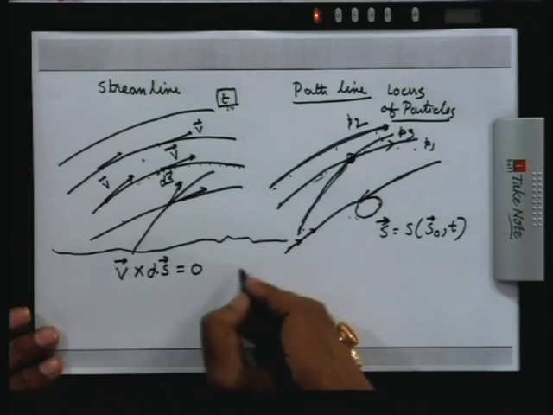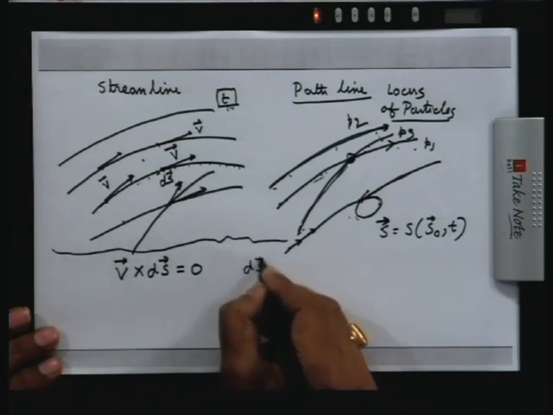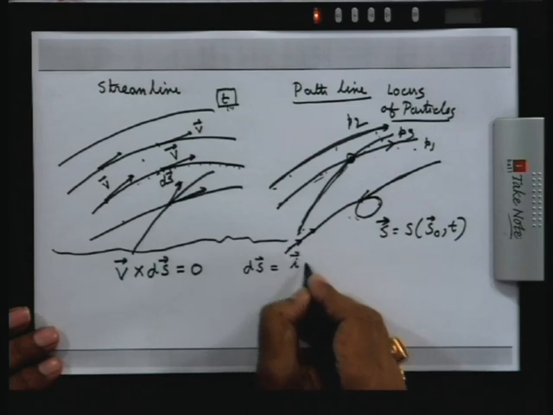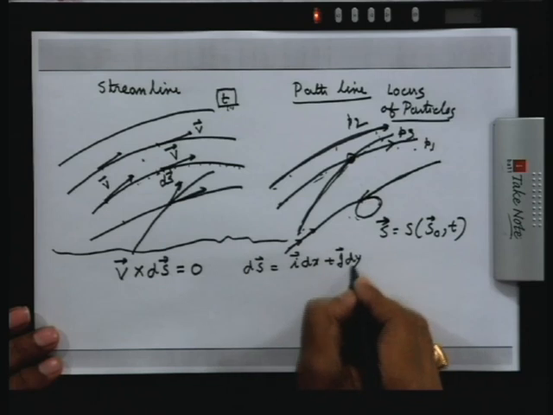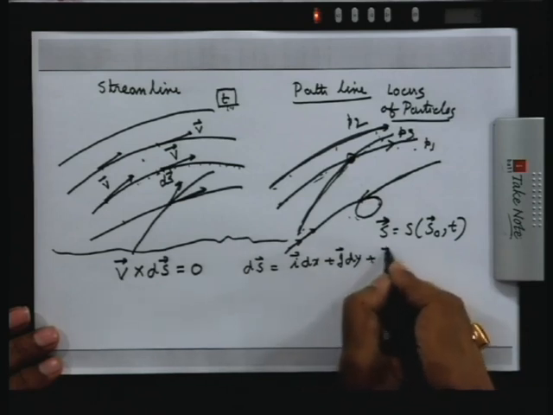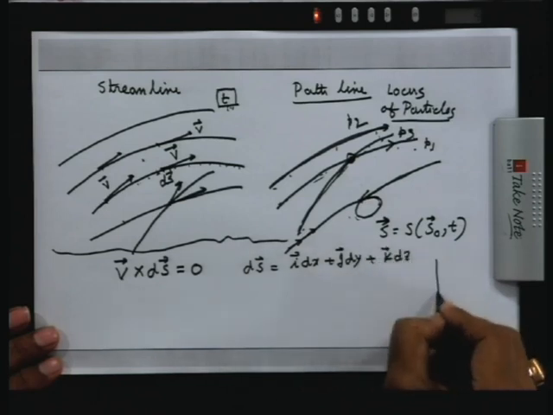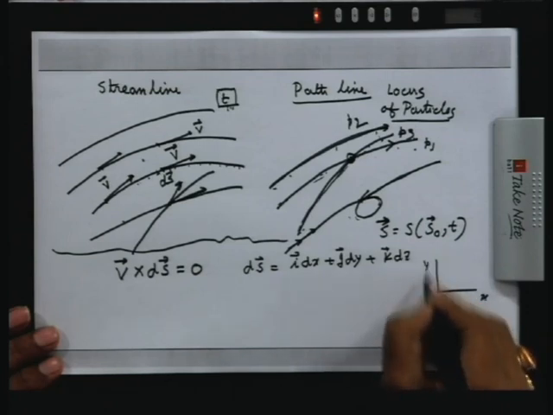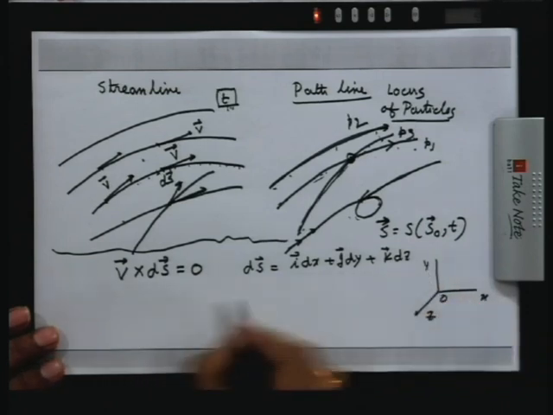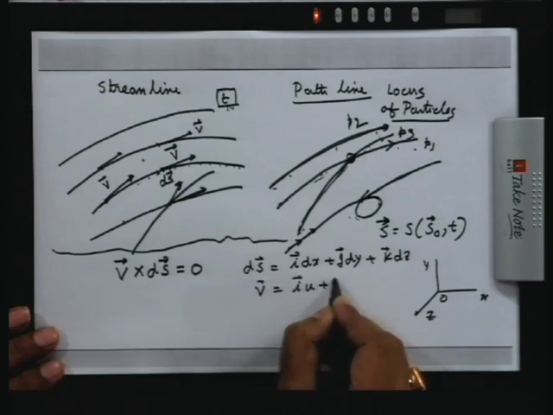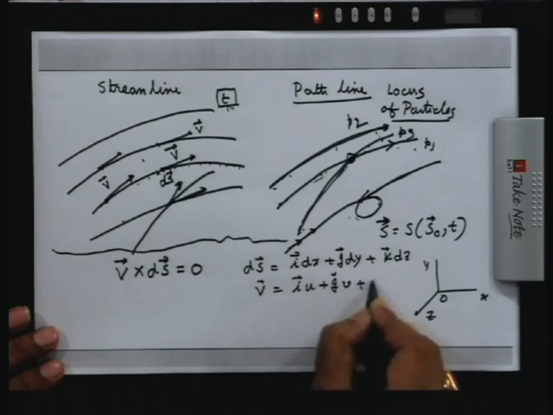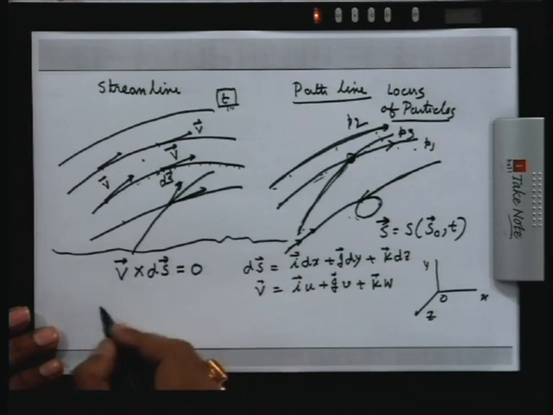Now if you decompose in terms of Cartesian coordinates x, y, z, you get an equation like this, with i, j, k.